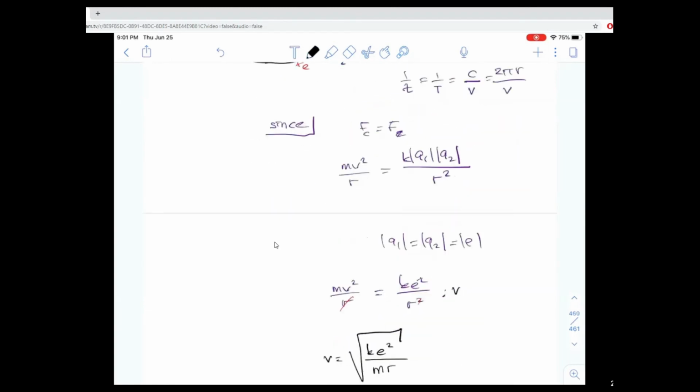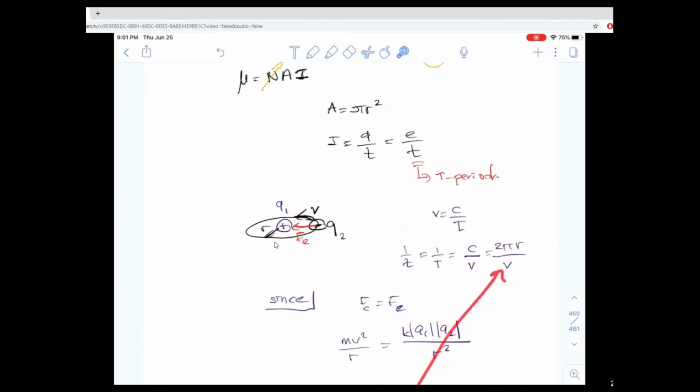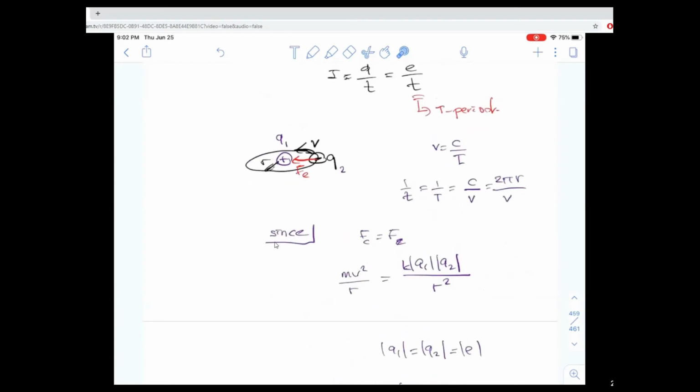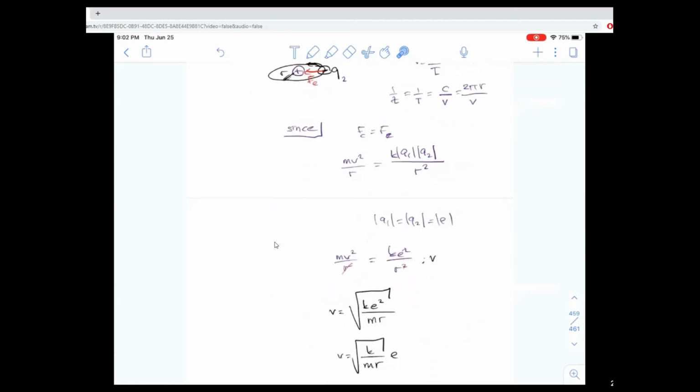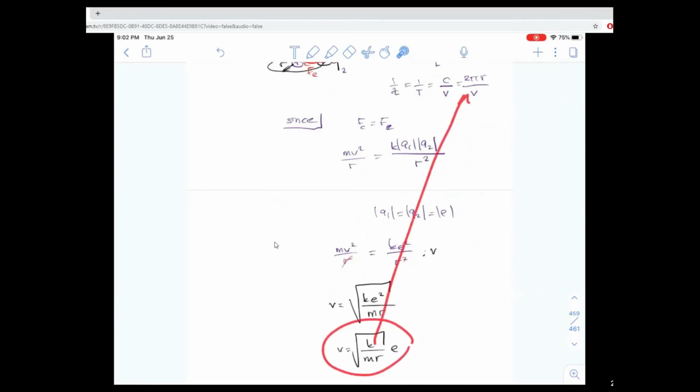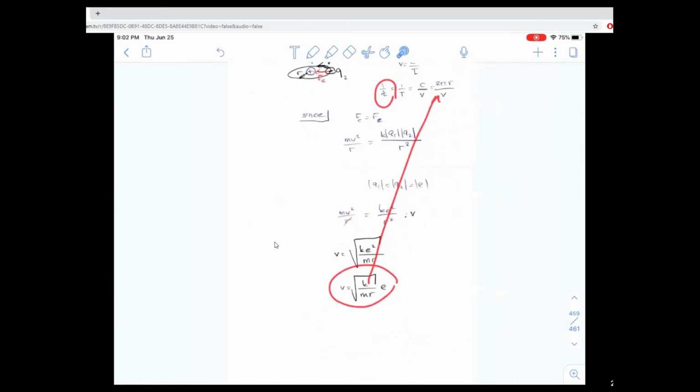So now what do we do? Plug this in there, and then this expression is going to go in there, and then that expression is going to go in there. So back substitution after back substitution. The first thing that I'm going to clean up is take this in there, and then come up with this expression.